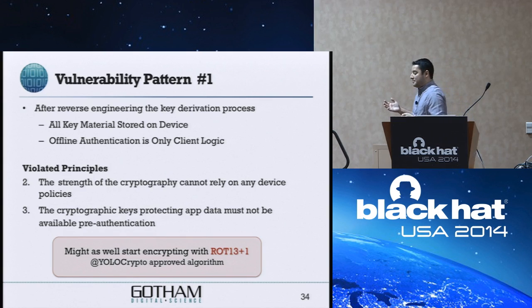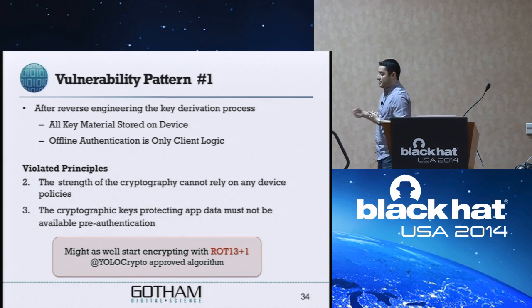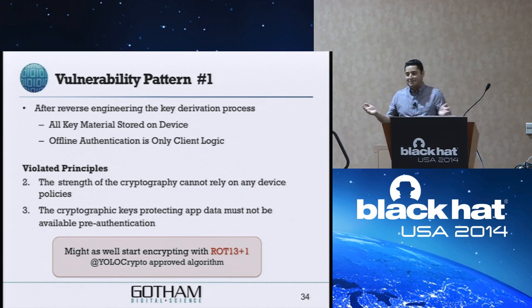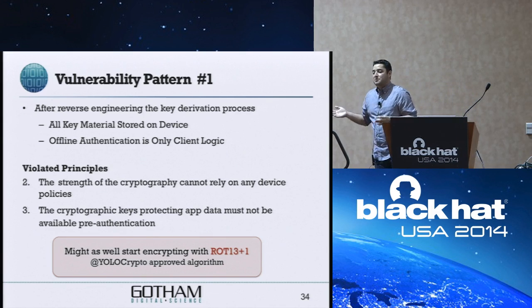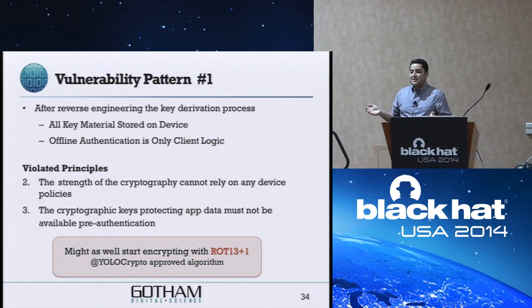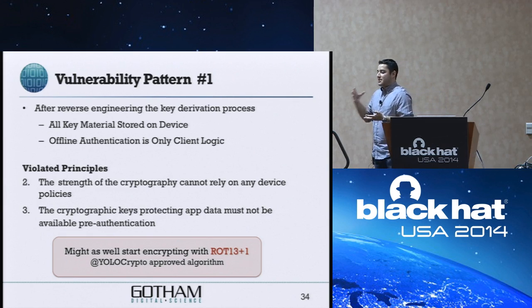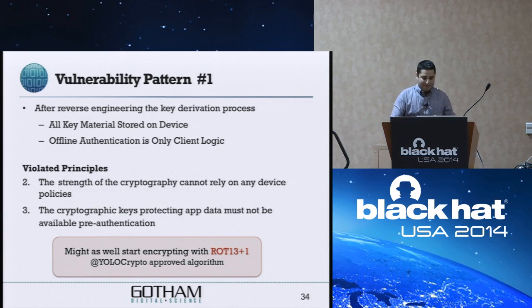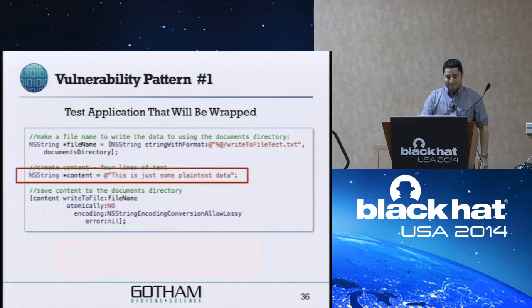The offline authentication logic, if I'm trying to get access to a document offline, was all client-side logic. And as you can imagine, that can always be bypassed. It violates principles 2 and 3 and makes this solution provide no real protection at all. It's just obfuscation at that point. You're storing something encrypted, but you're storing the keys right next to it. So it makes no sense.